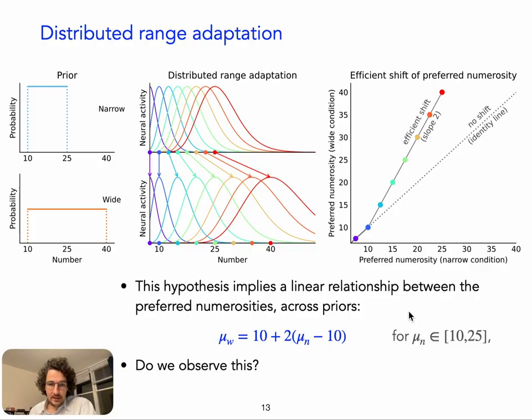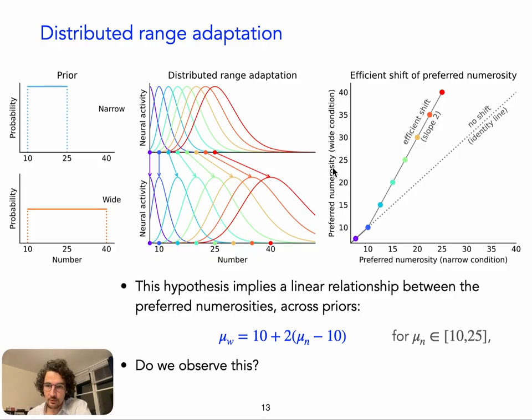And so this hypothesis makes a specific prediction as to how the preferred numerosities of each neural population in the wide condition should relate to their preferred numerosity in the narrow condition. And because the two priors in the two conditions are uniform and one is twice as wide as the other one, this relationship will be a linear relationship between the preferred numerosity in the wide condition and the preferred numerosity in the narrow condition.